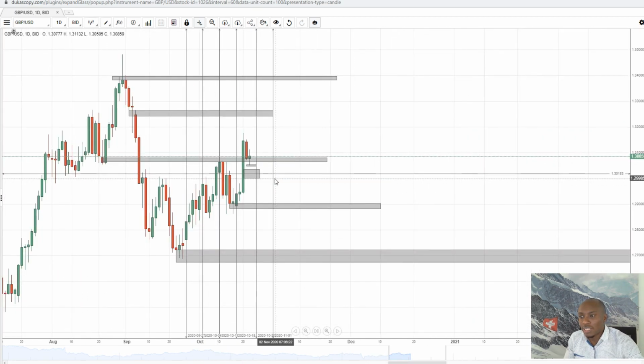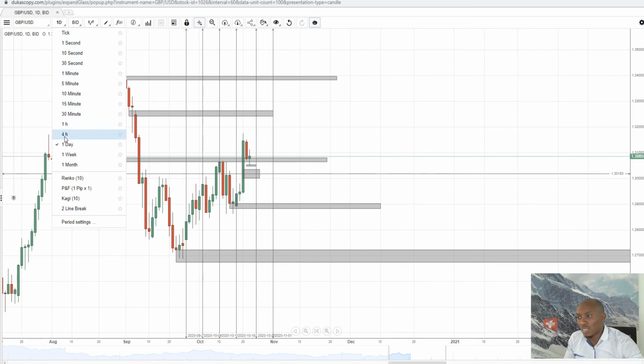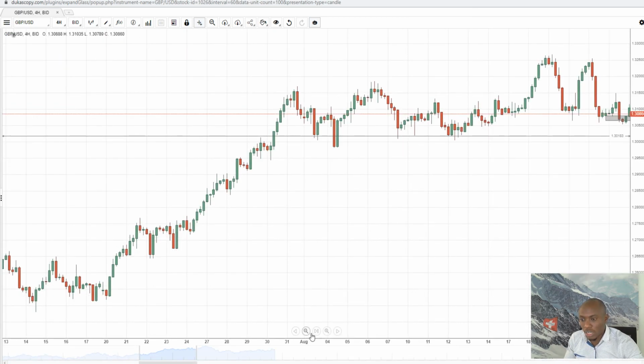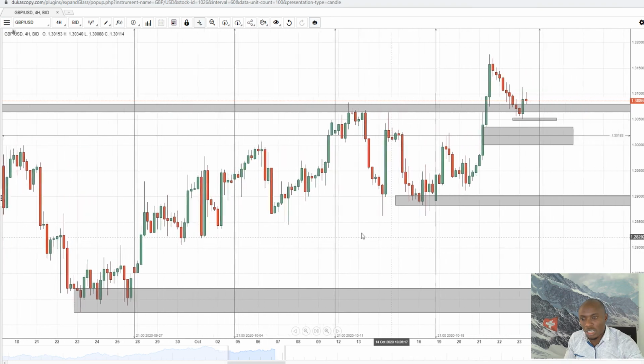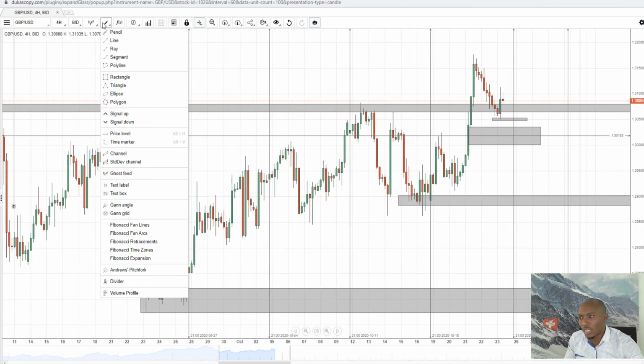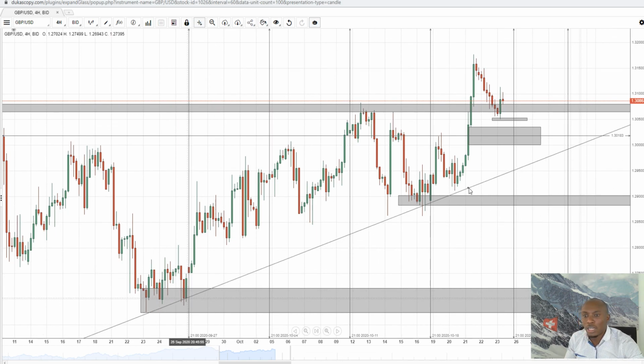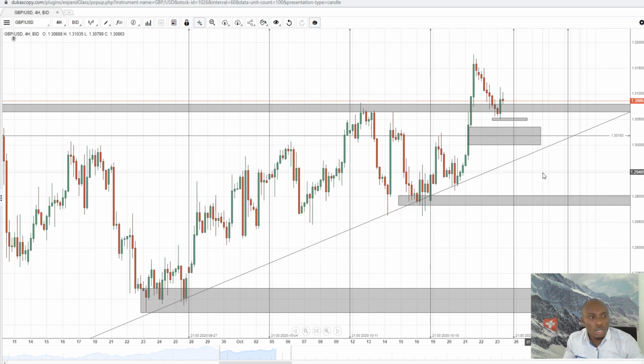And if you look at the last 1 month, what has been going on since the beginning of October, this is the beginning of October, the British pound USD has been trading in kind of an uptrend. This is how it is trading. Yeah, this is in an uptrend. So this is how it may look like.